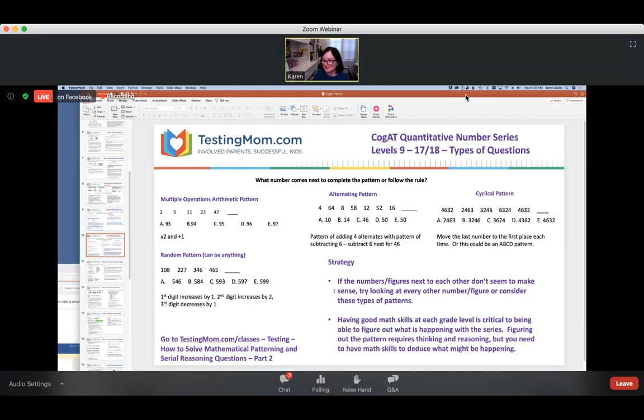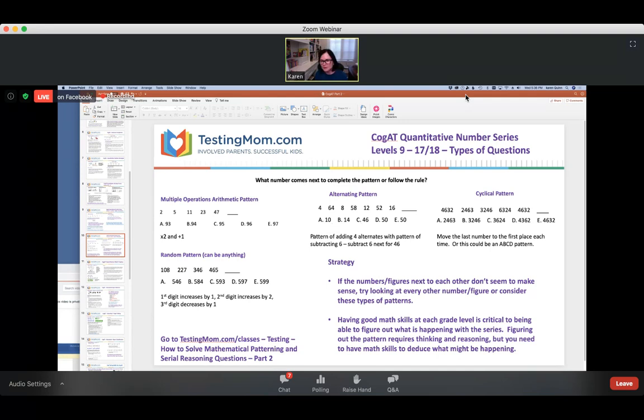So the strategy here, one big strategy, is you have to know the different types of patterns to look for. And remember, if the numbers just make no sense next to each other, try out the alternating patterns, try out the random patterns, and maybe even cyclical patterns to see if you can figure out what's going on.